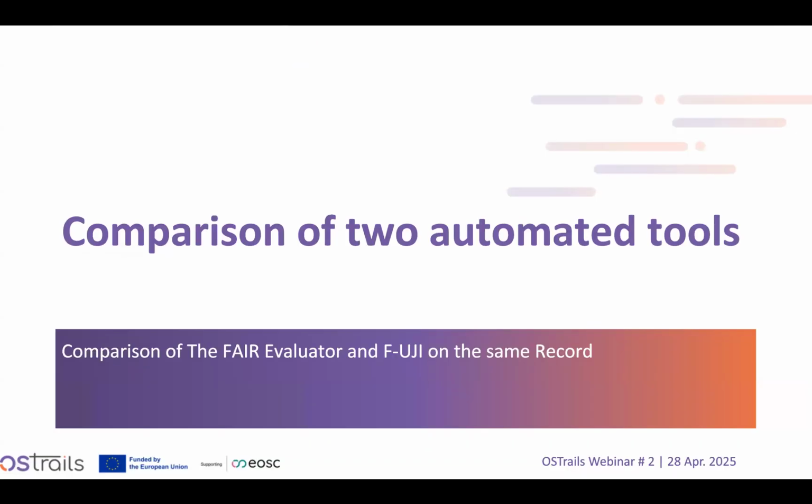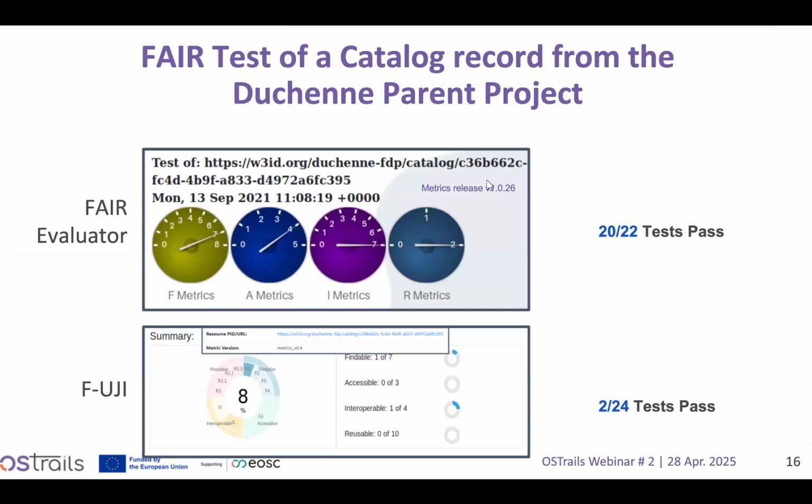It's much more generic. So when we compare those two, this is going back now in time, this result isn't current, but it does explain part of the problems that we have. This is a catalog record from the Duchenne Parent Project, which is a record that was designed from the get-go to be as FAIR as possible.